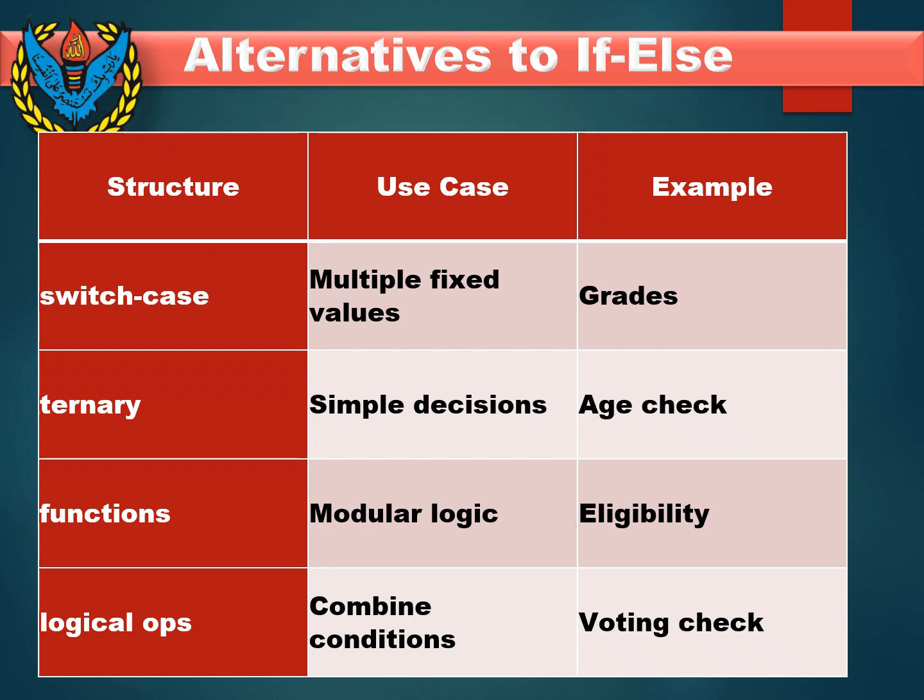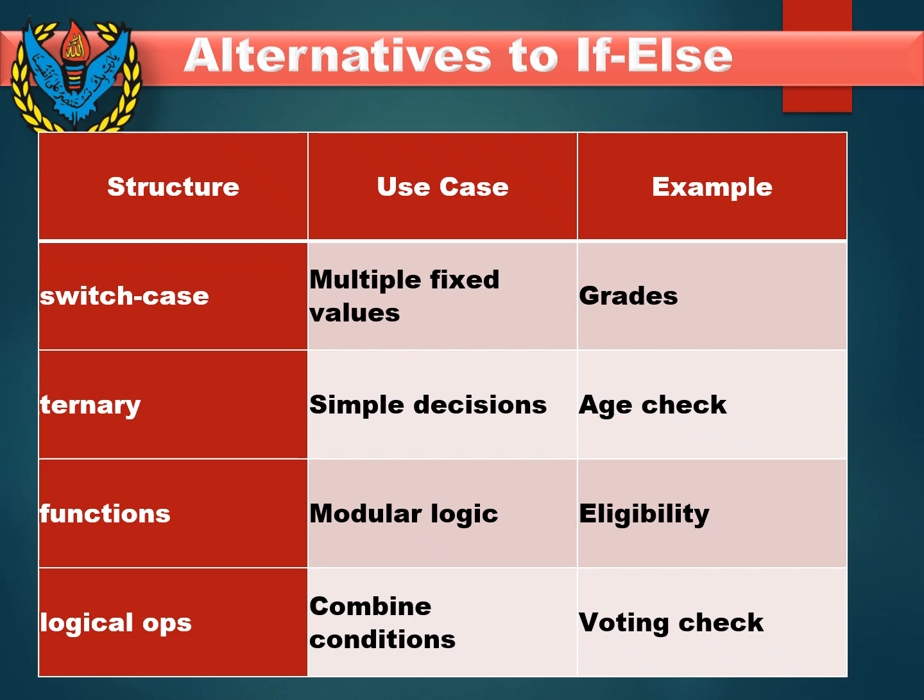And the example for using a switch case statement: we can calculate the grades of a student with the help of a switch case statement. Then ternary operators, basically simple conditions in which two options are given. Out of two, one option is correct, so we can use them according to requirement. Then functions, then logical operators.